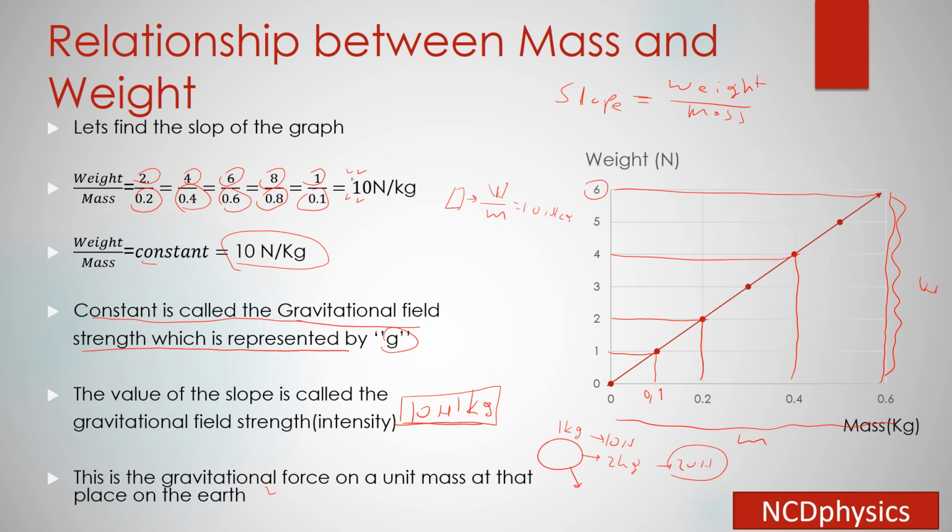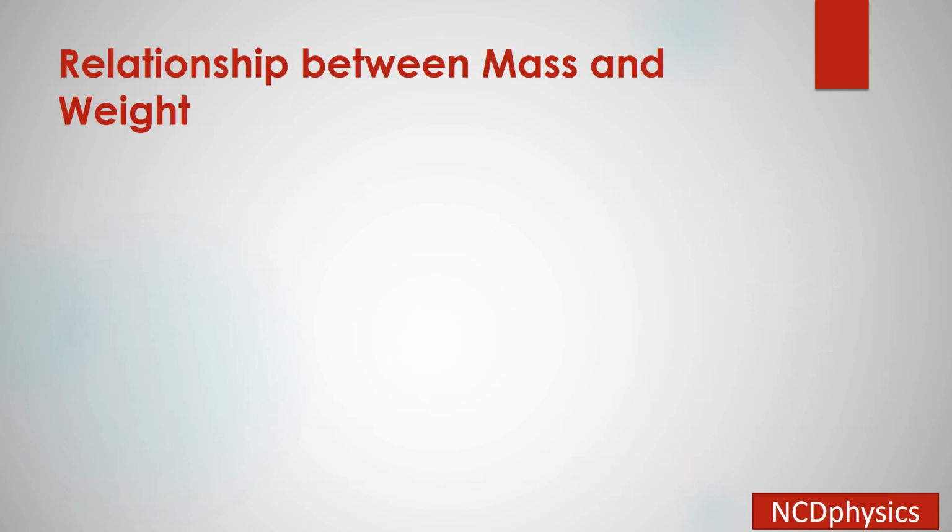If I have a 3 kilogram mass, it means 30 Newton force is acting on it. So 1 multiplied by 10, 2 multiplied by 10, 3 multiplied by 10. Per unit there is 10 Newton gravity force acting on the objects.